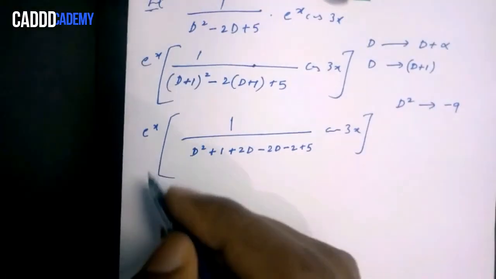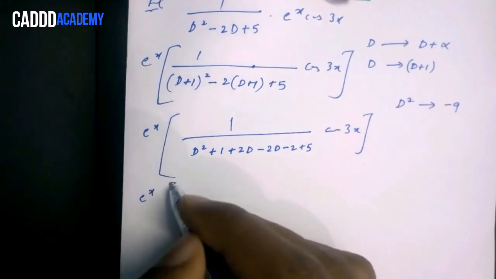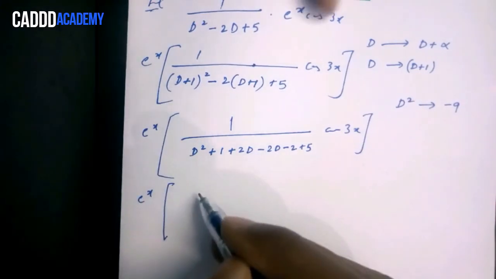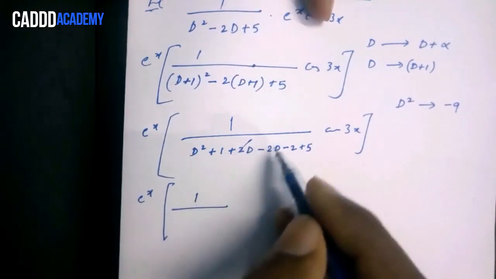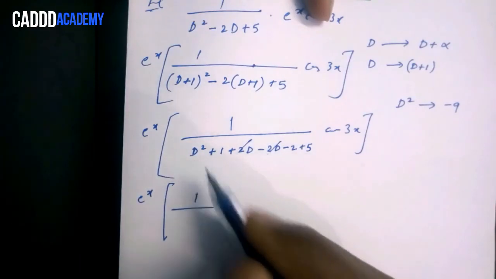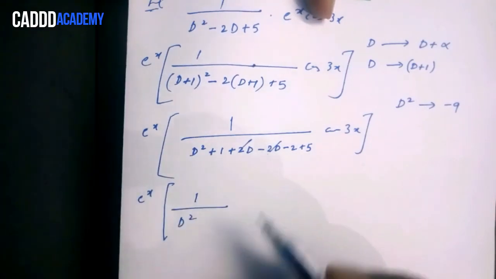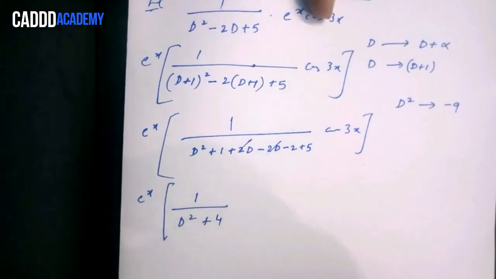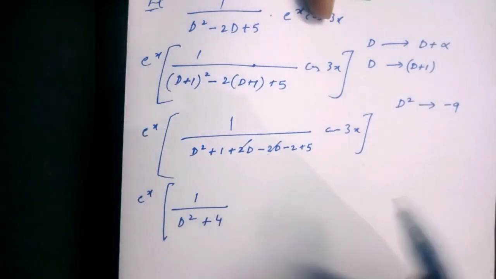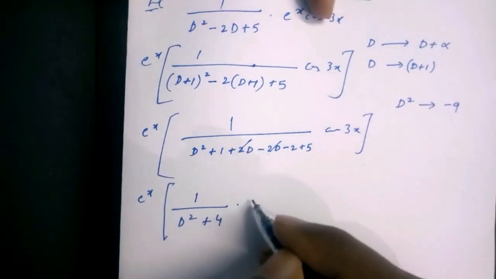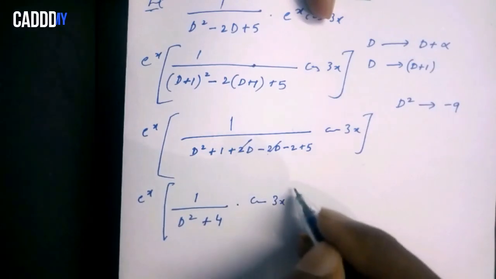So we will have e to the power x, and here this thing gets cancelled, and d square plus 4, into cos 3x.